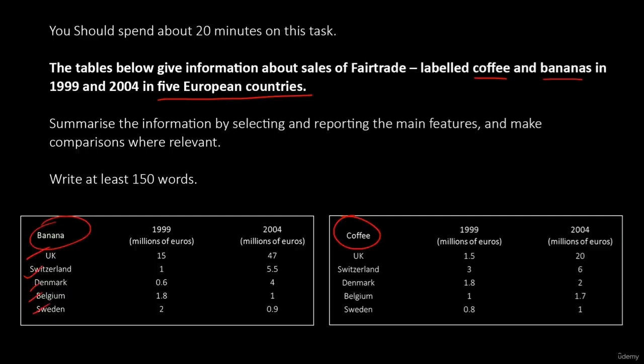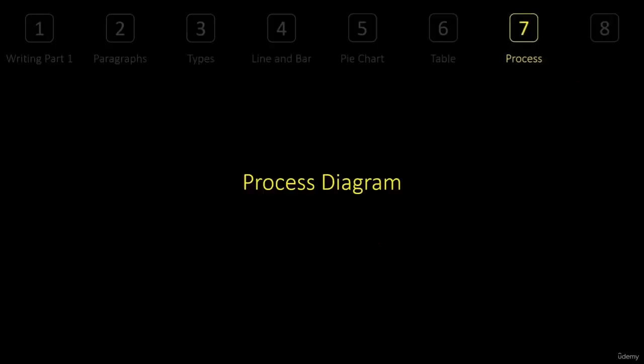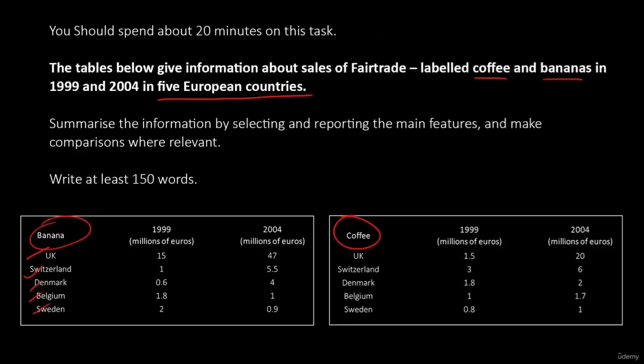Good. And there's no difference between tables and other graphs or pie charts. Everything stays the same. First you write the first paragraph or first sentence about the table and the question. Second, you discuss the details plus contrast and compare what happened in 1999, however what changed, what is the most interesting information, and all that.